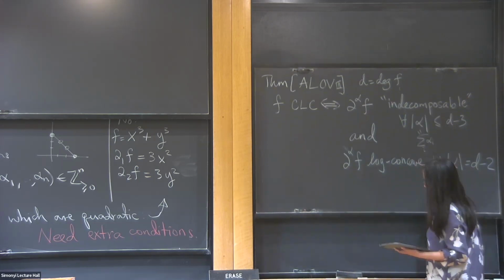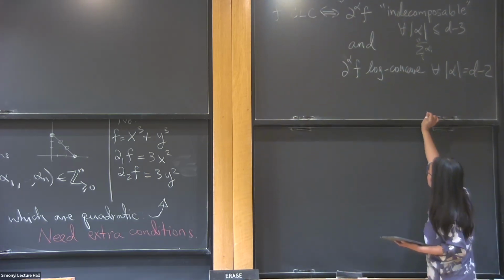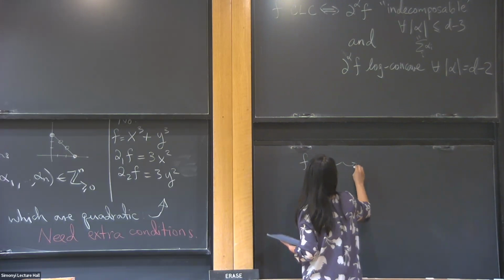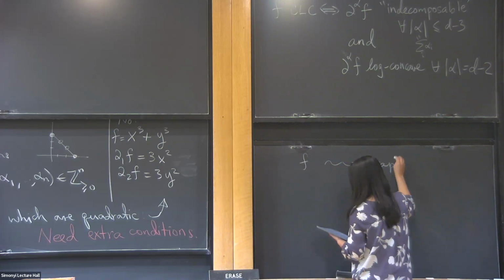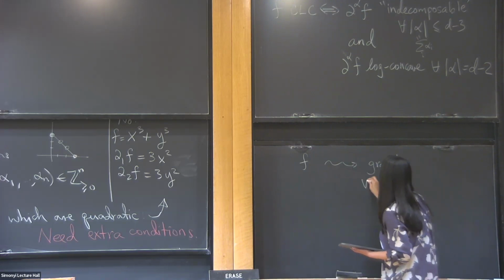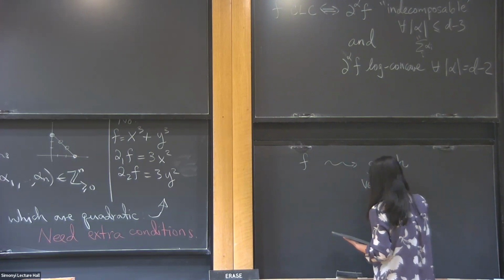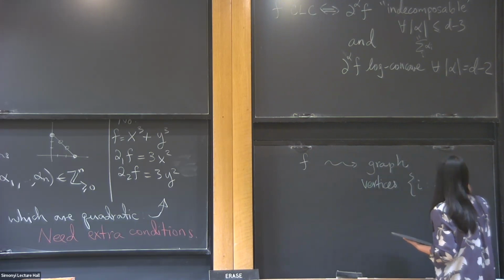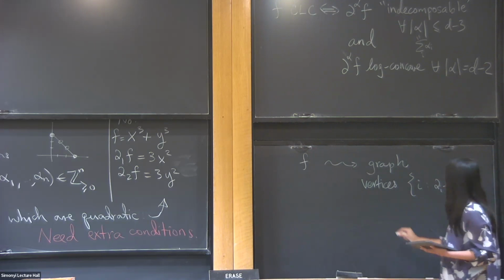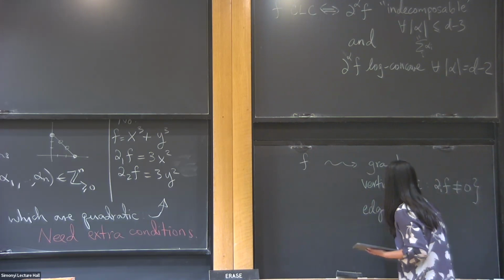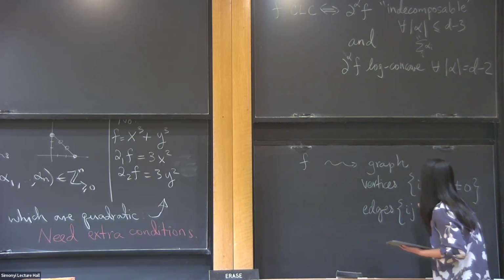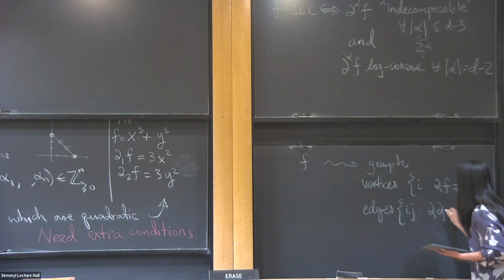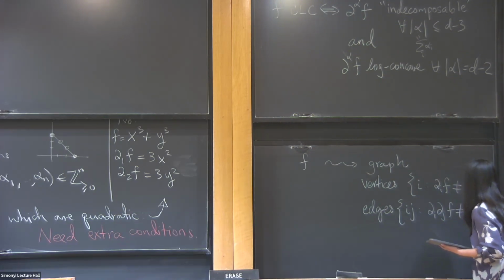Let me write down what indecomposable means. If you have a polynomial f, I'm going to associate to it a graph whose vertices are the variables such that the partial derivative is not identically 0. And the edges are pairs of vertices i and j such that the partial i, partial j is not identically 0.